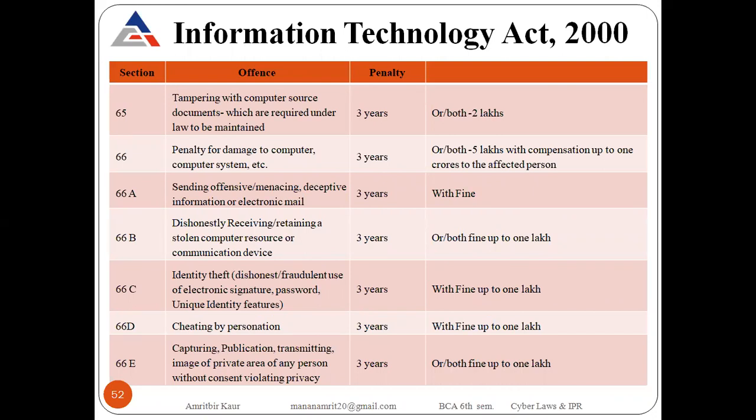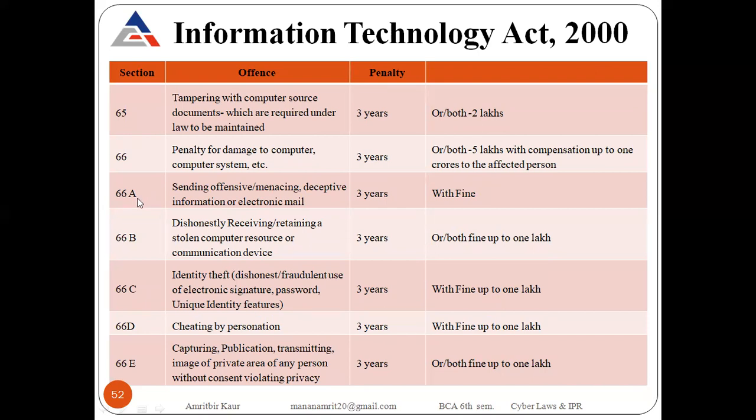Section number 66, penalty for damage to computer and computer system, etc. In this crime, imprisonment can be 3 years and fine can be 5 lakh, and it can be both: 5 lakh fine plus 3-year imprisonment.